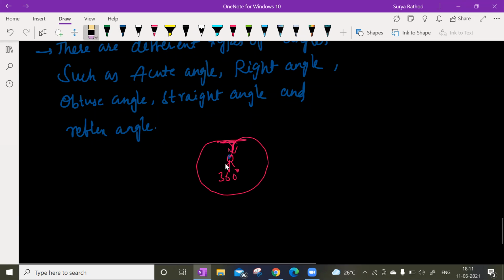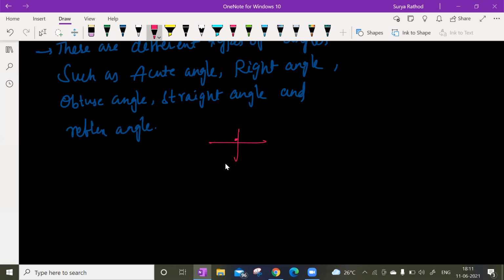Sir, there is also something called zero angle, right? Yes. What is the meaning of zero angle? There is no movement at all. It did not move. It is the angle which has a measure of 0 degrees, or it can be 360 degrees. If I'm standing here, again I'm coming here only.